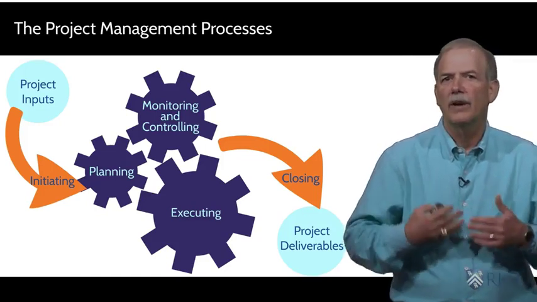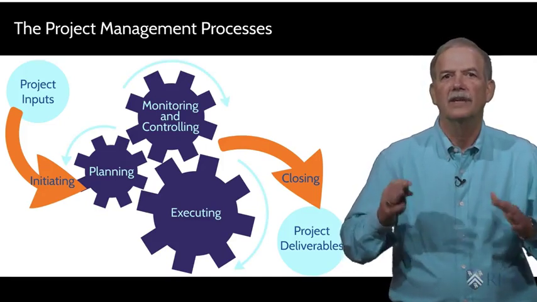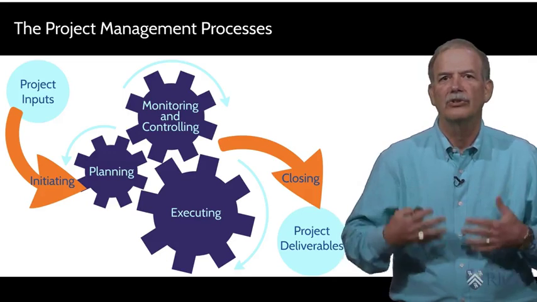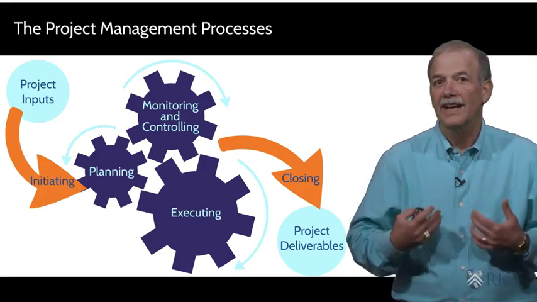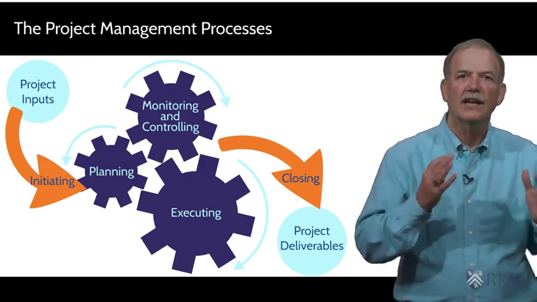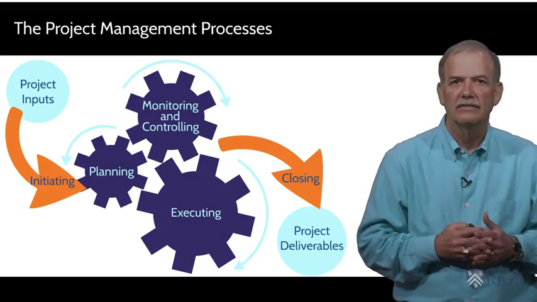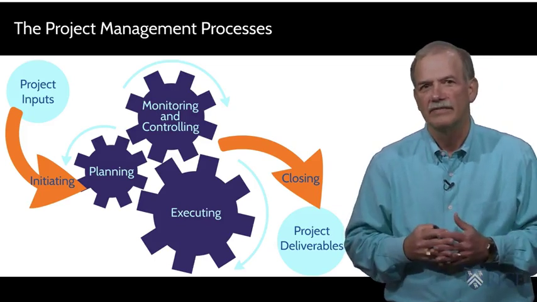If we're executing our project correctly, we should recycle the work processes and update our plans on a continuous basis as we get feedback from our monitoring and controlling. The biggest mistakes I've seen on a project are when the project manager commits to a plan and will not change. The change is there, we are just not reacting to it or won't acknowledge it.